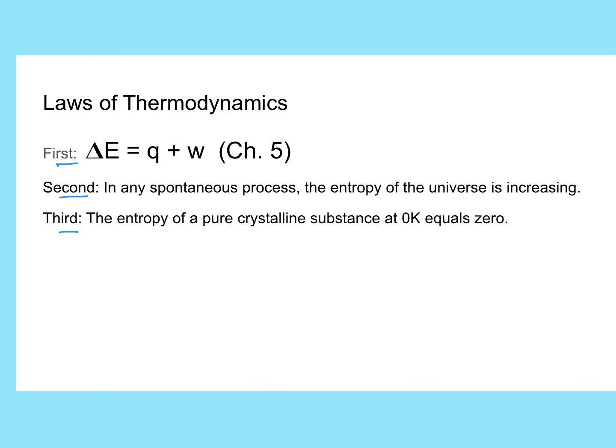The second law is that it is the nature of the universe that the entropy of the universe is increasing as spontaneous processes take place. We'll talk about that more as we move on. And the entropy of a pure crystalline substance at absolute zero equals 0. So there are no negative entropy values. You won't need to know these by name, by the way.